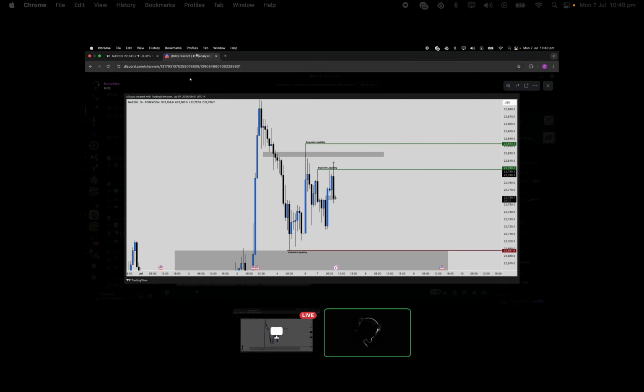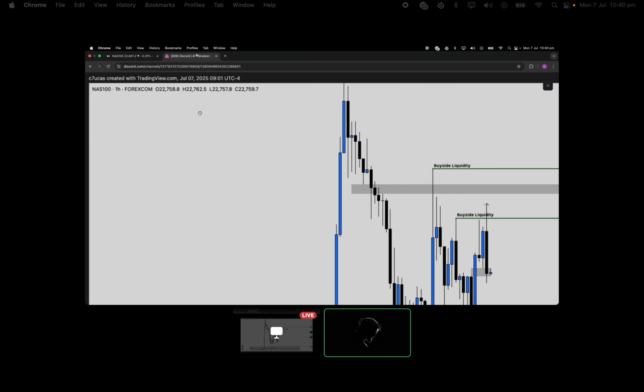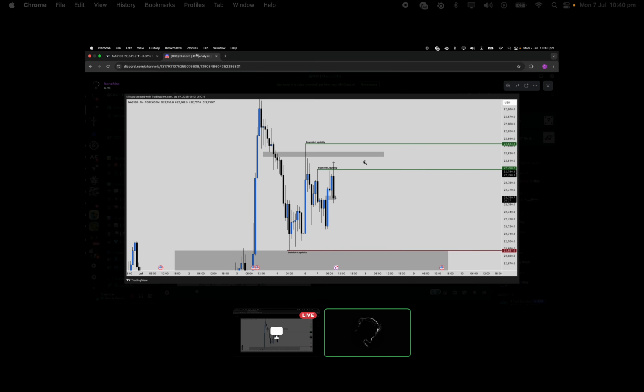This was taken at 9:01. So if you were to trade, you've got to remember, markets don't move in a straight line. We don't just come to here and sell off. So you would not want to be in a trade pre-market and try to hold for this. You can, but that would be silly.